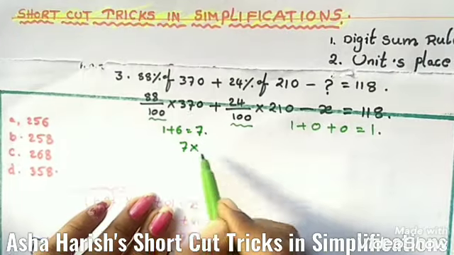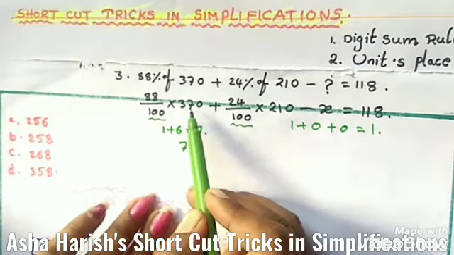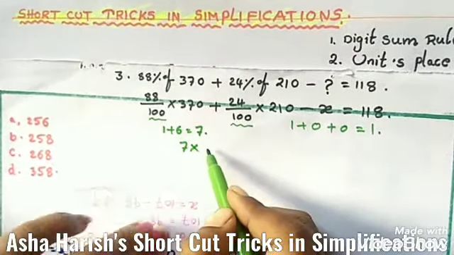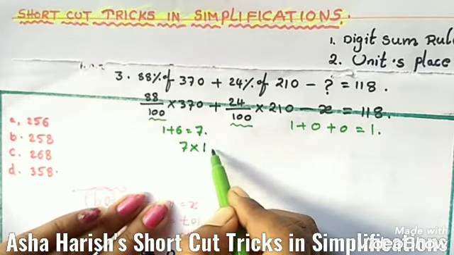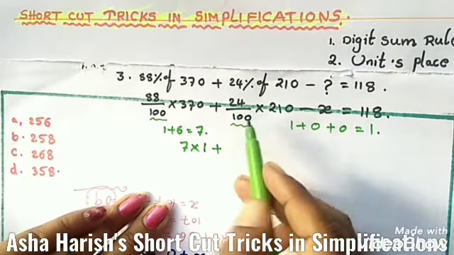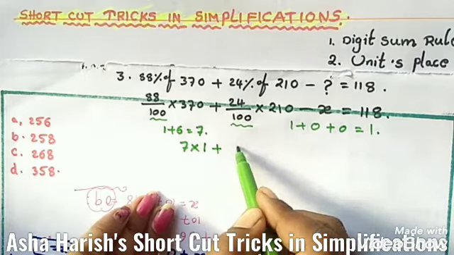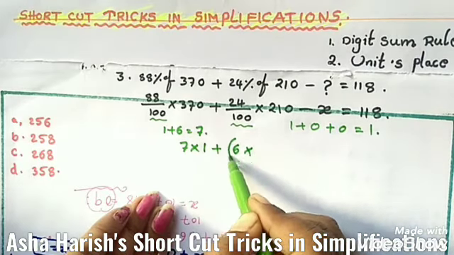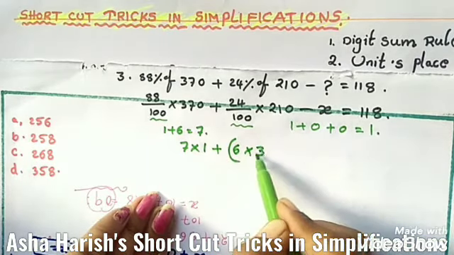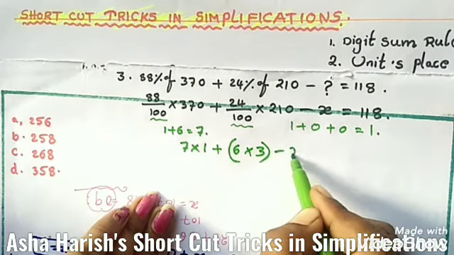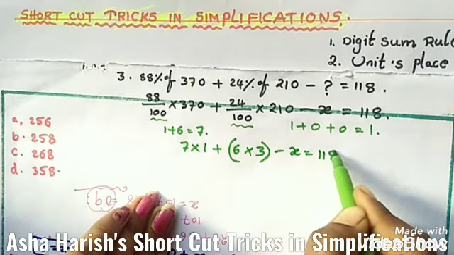So 7 into, here is the number 3 plus 7 is 10. So 1 plus 0, that is 1 only, plus here 24. So 2 plus 4 is 6 into here 2 plus 1 is 3, right, minus x is equal to 118.